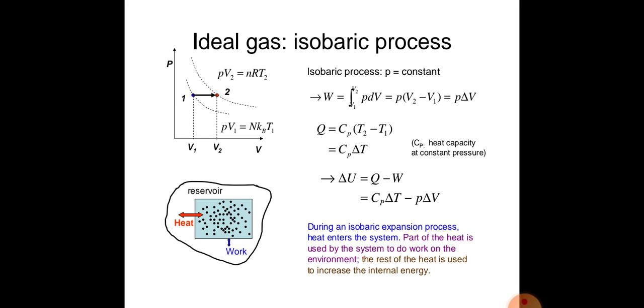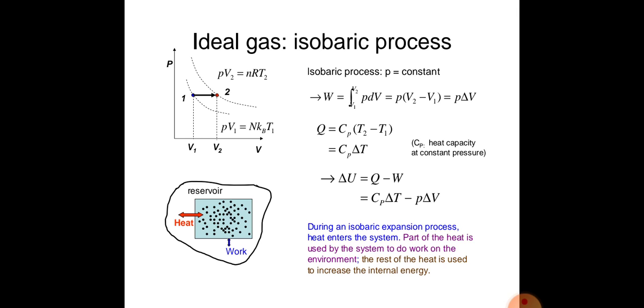Now, moving forward to the constant pressure process, which is also known as the isobaric process. As shown on the graph, the pressure value from state 1 to 2 is the same, and the volume value changes from state 1 to 2.